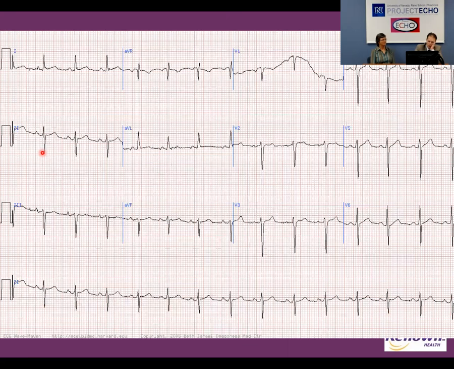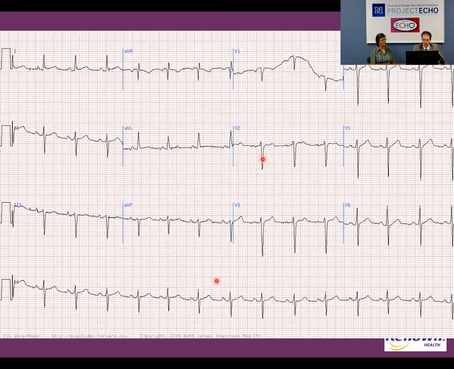And then the question is, why is there left axis deviation? The reasons why there could be left axis deviation could be left ventricular hypertrophy. And some of the criteria you can use are the down going S in 1 or 2, plus the R in V5 or V6 greater than 35.